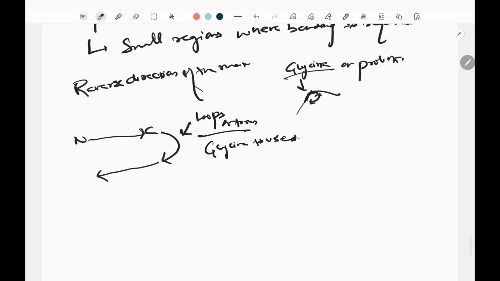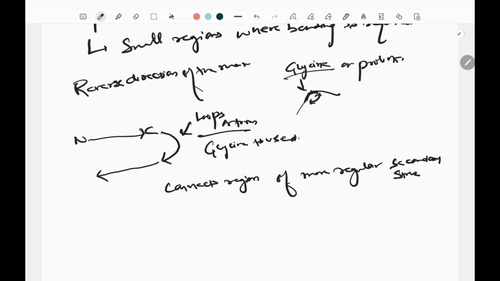So what is the advantage of loops or turns? It actually connects regions of more regular secondary structures. For example, we just studied the beta sheets, right?